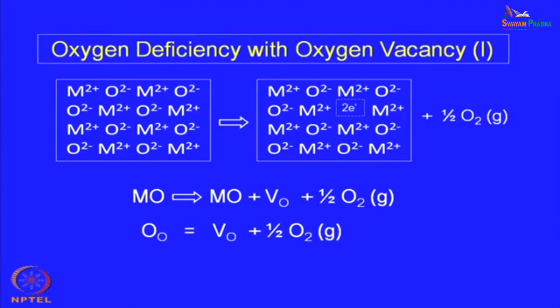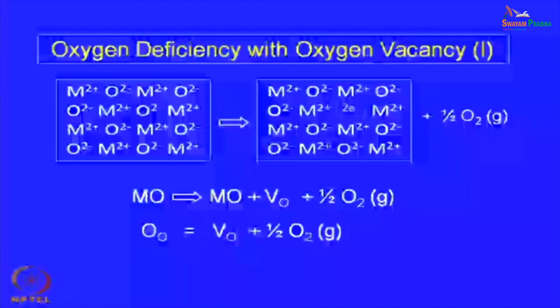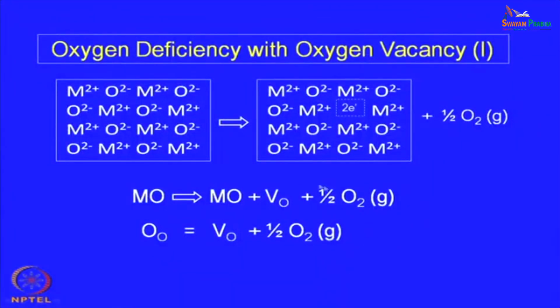Now, we will be giving you some diagrams. We may not be able to explain each and everything in detail. I think they are quite self explanatory. I will consider a few cases, in fact many of the possible cases. For example, we are creating an oxygen vacancy, an oxygen deficiency with oxygen vacancy.